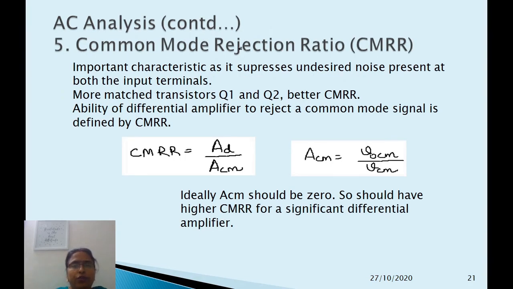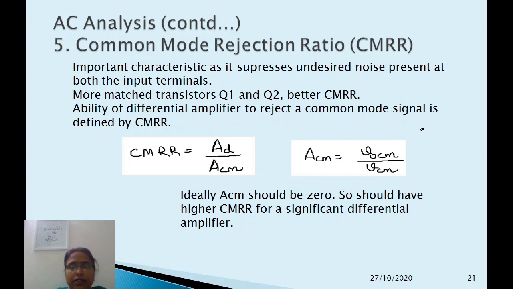Last one is the common mode rejection ratio. As we know, the common mode rejection ratio is a very important parameter for an operational amplifier, for a differential amplifier. Common mode means the voltage that is applied at both the terminals. So common mode rejection ratio means that it should be able to reject the common voltages applied at the two terminals.